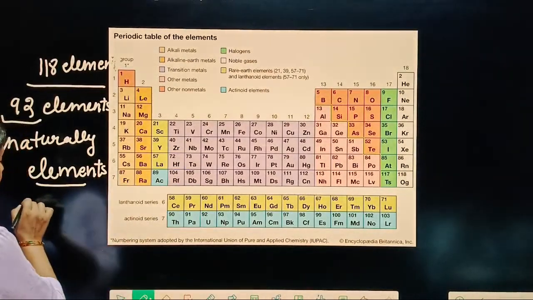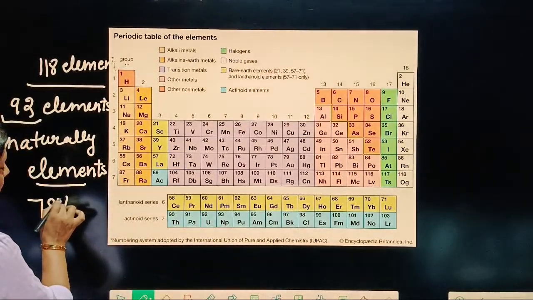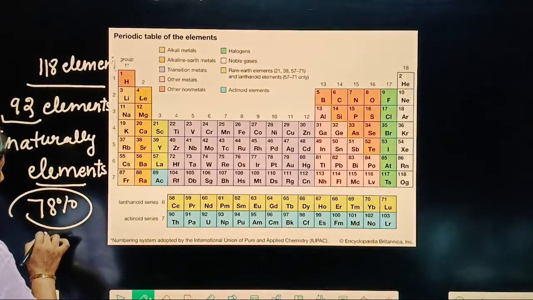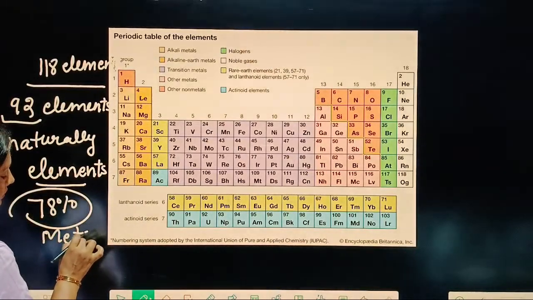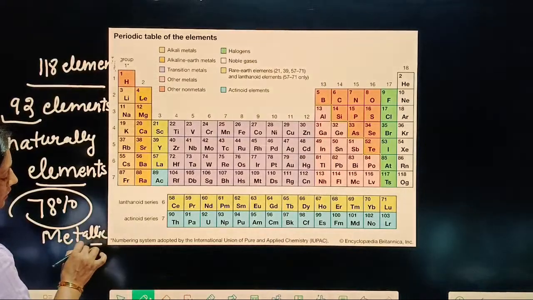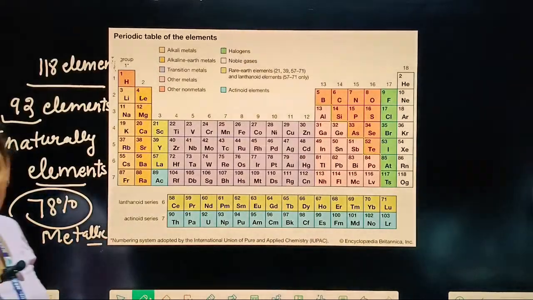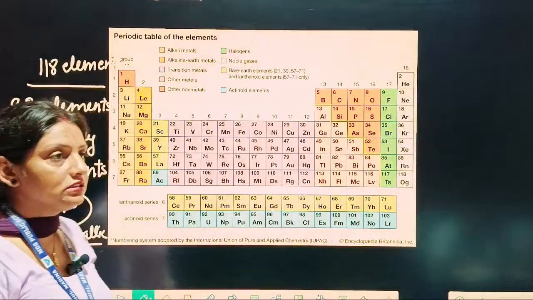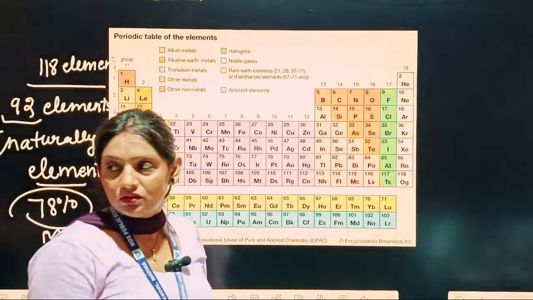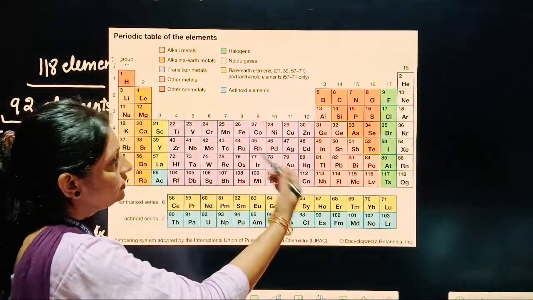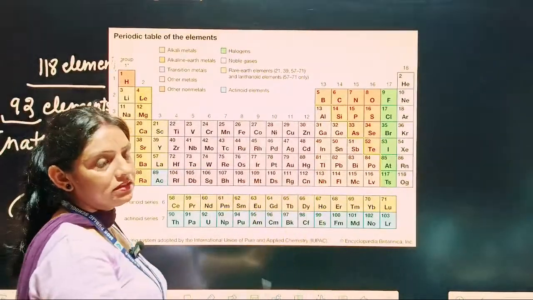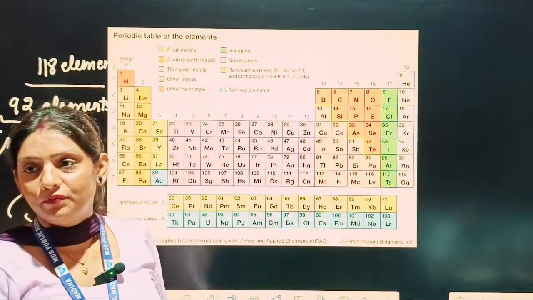Here, 78% of the elements are metallic in character, and the remaining are non-metals and metalloids. So today we will discuss metals, non-metals and metalloids.